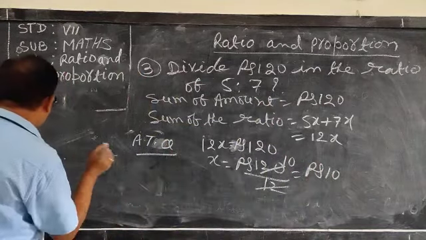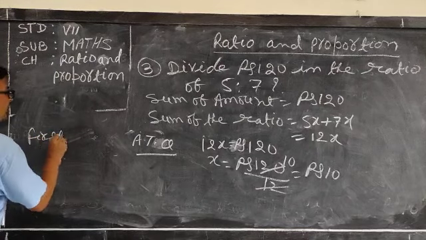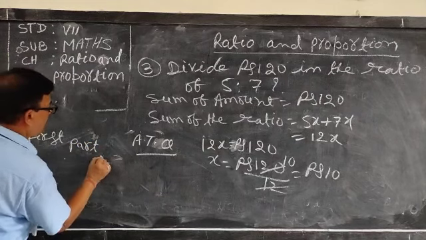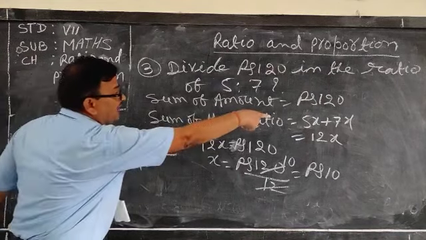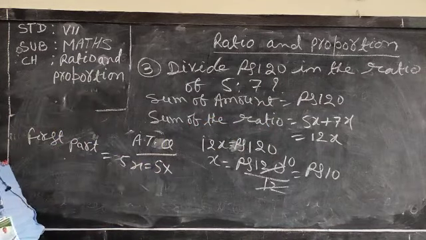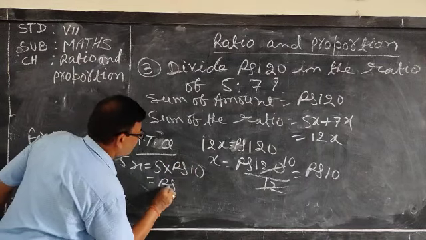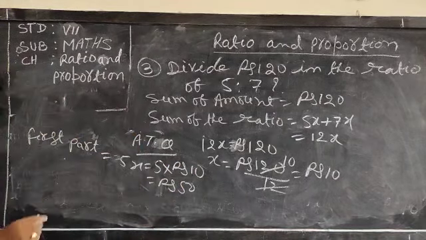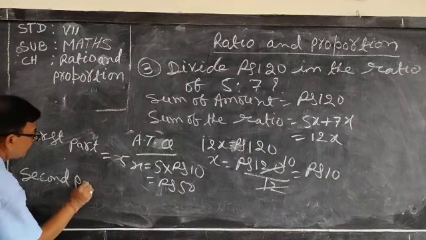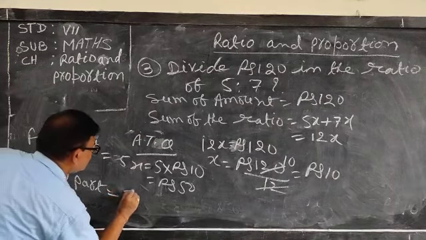So now write the first part. What is the first part? 5x. So 5x means 5 into the value of x, rupees 10. So you will write rupees 50. Understood? Now the second part. What is there? 7x.